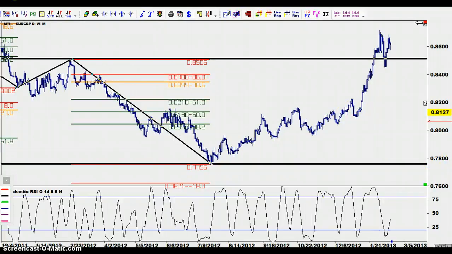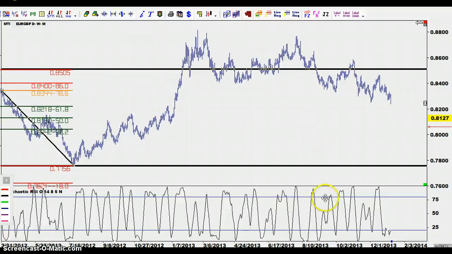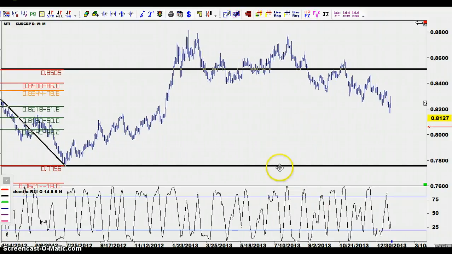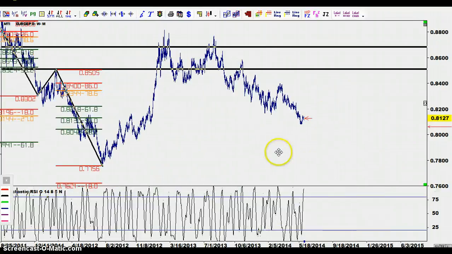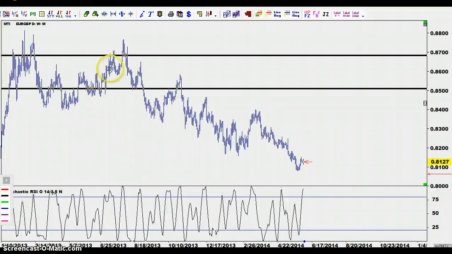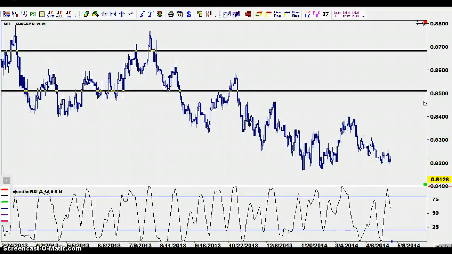All right. So let's go. Let's minimize this chart. All right, so let's go here. ABs heading down.